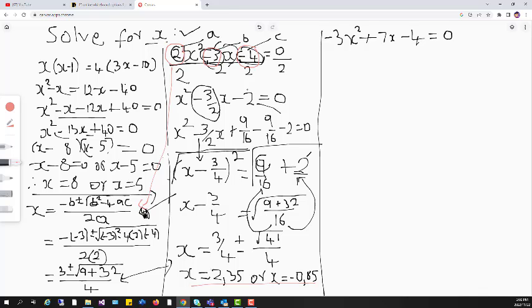If you are completing the square, you need to make sure first that your x squared does not have a coefficient. You will then see that I first started by dividing everywhere by that 2, getting x squared minus 3/2 x minus 2 equals 0. Then you take the coefficient of x, divide by 2 and square, and it ends up being 9/16.